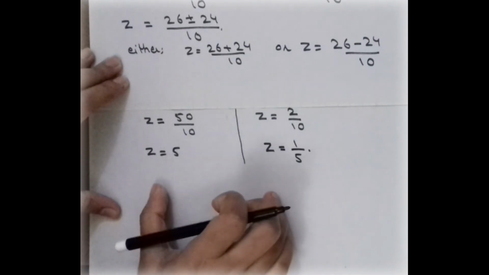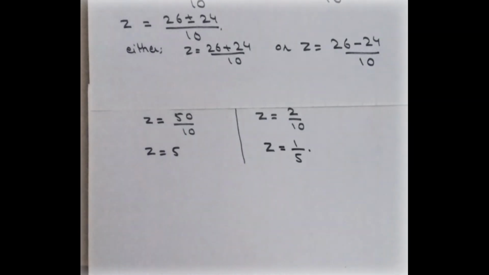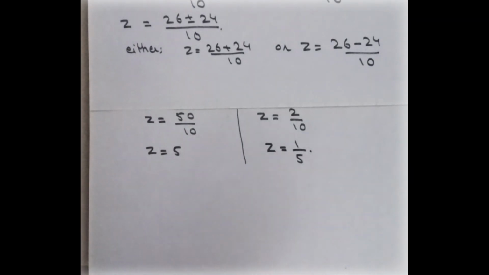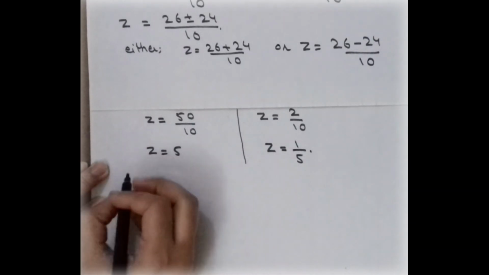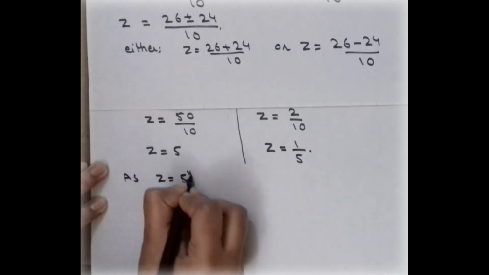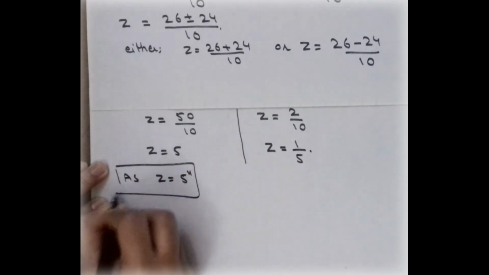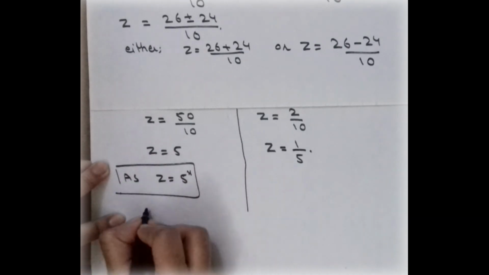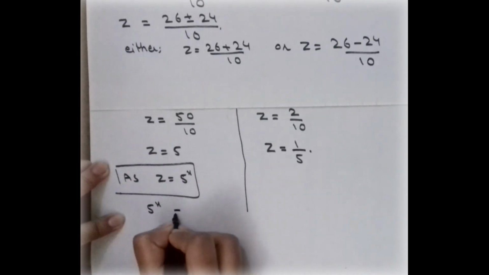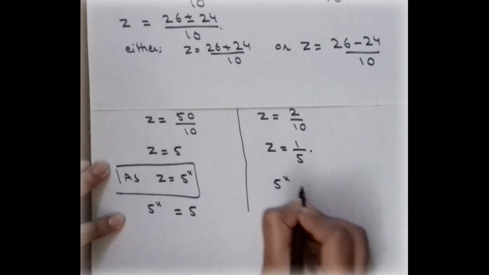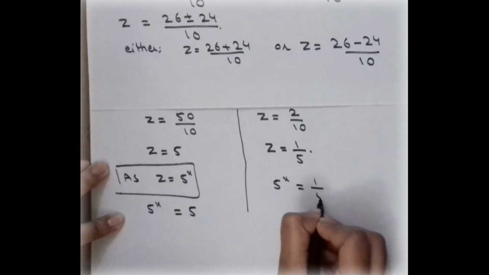Here it's not the solution set. Here is another very important step. At the start we supposed z equals 5 to the power x. So put the value of z: 5 to the power x equals 5, and here 5 to the power x equals 1 over 5.